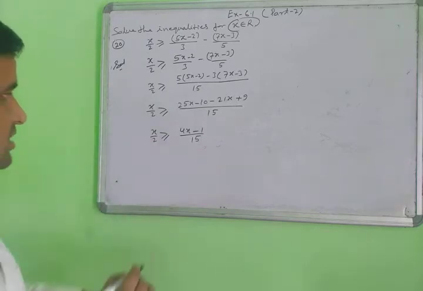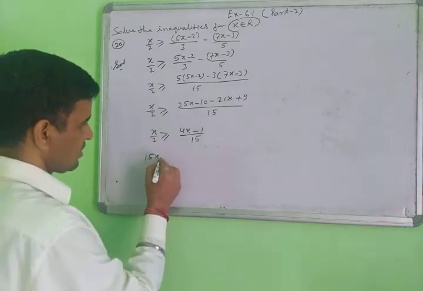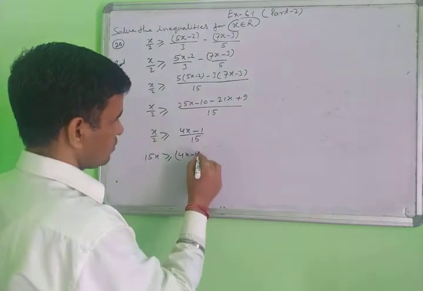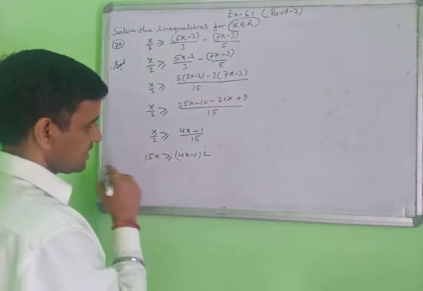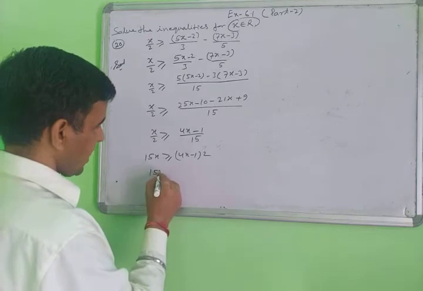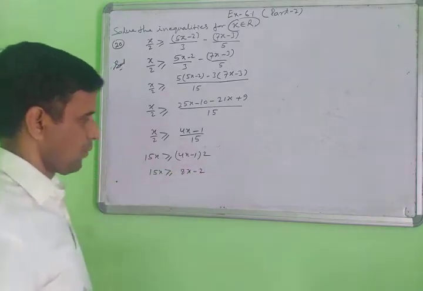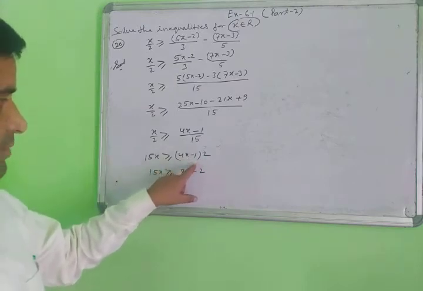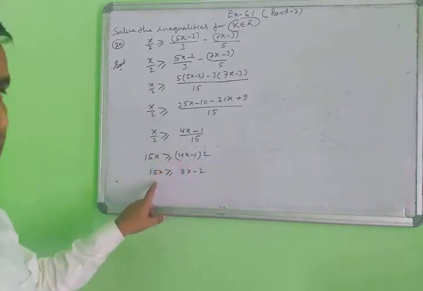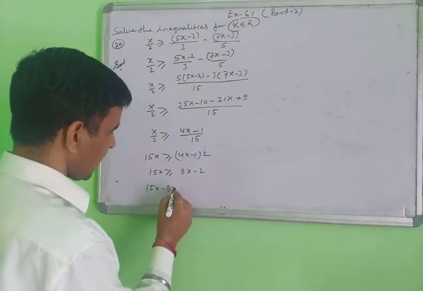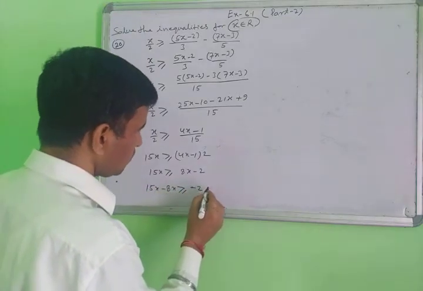Then cross multiplication: 15x greater than or equal to (4x minus 1) into 2, which is 8x minus 2. Transferring 8x to the LHS: 15x minus 8x greater than or equal to minus 2.